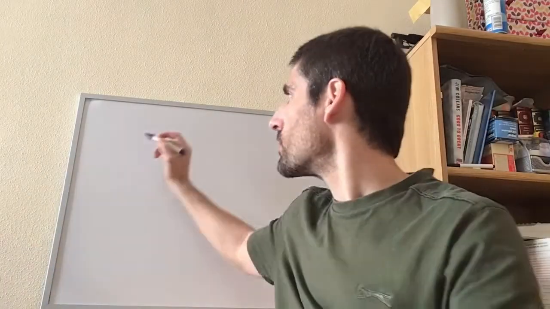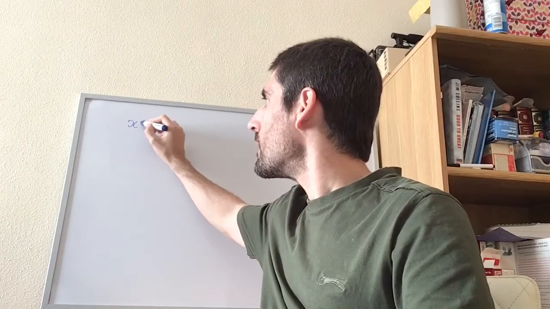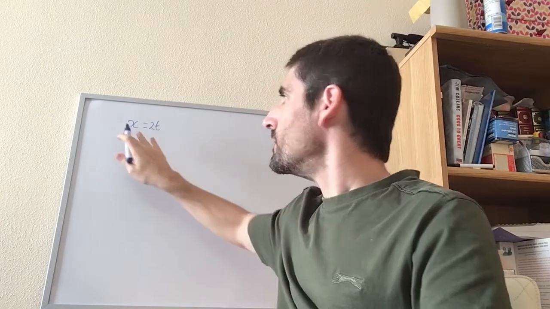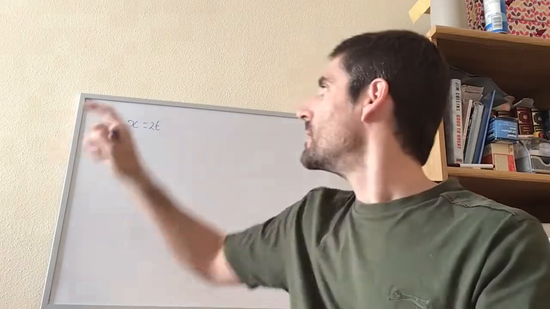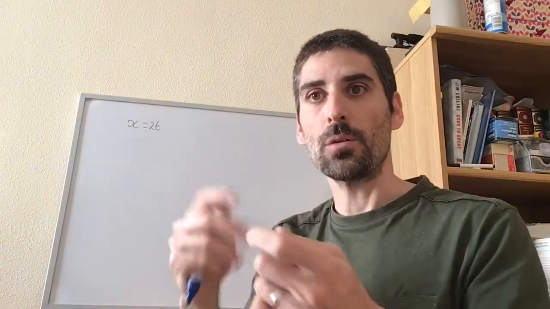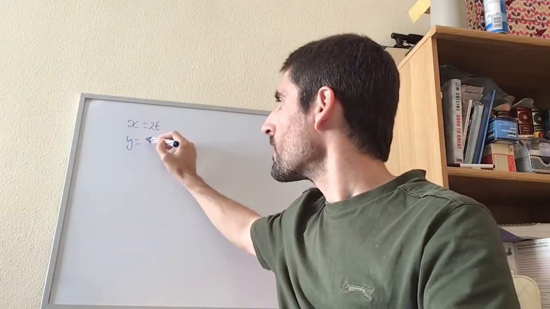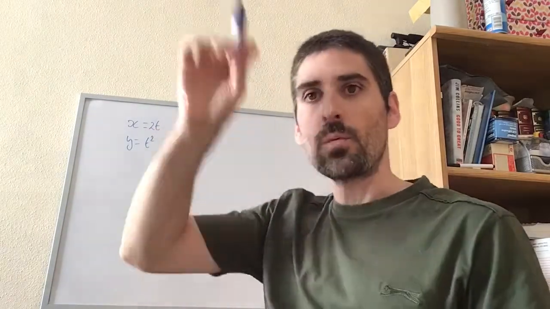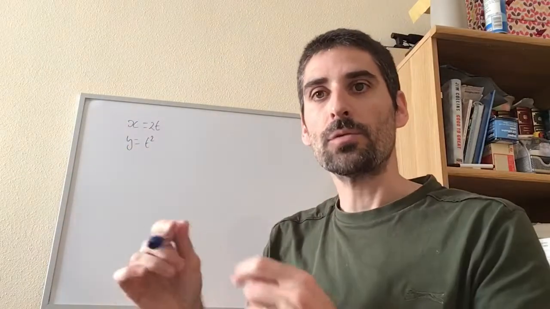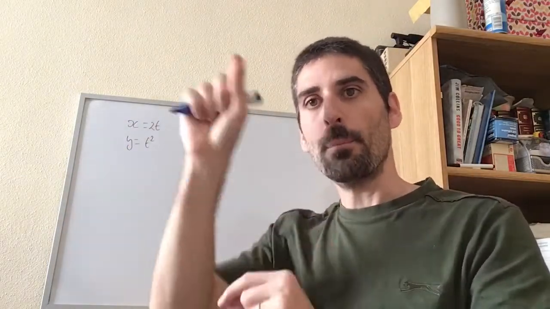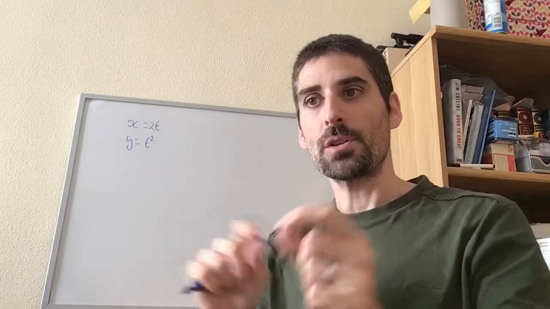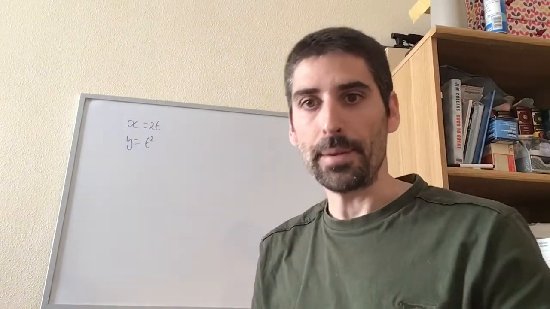For instance, we could have this equation where the position on the x-axis is a function of time, so x equals 2t, and the position on the y-axis is itself a function of t. So we are modeling the x and the y positions differently.